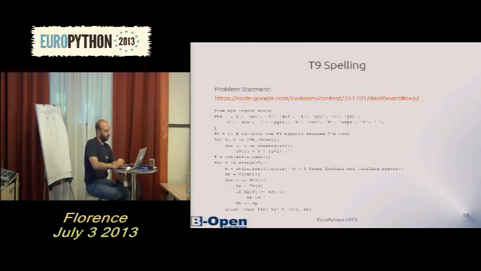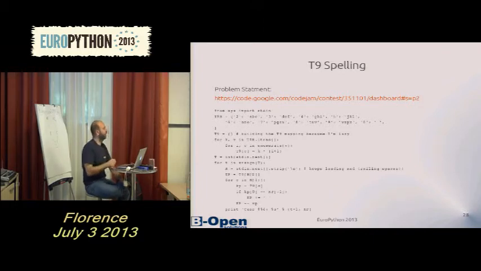So now I would just have a look at the last one of the three simple problems in the Code Jam that we saw. We saw Store Credit, Reverse Words, and this one is the toughest one, T9 Spelling.